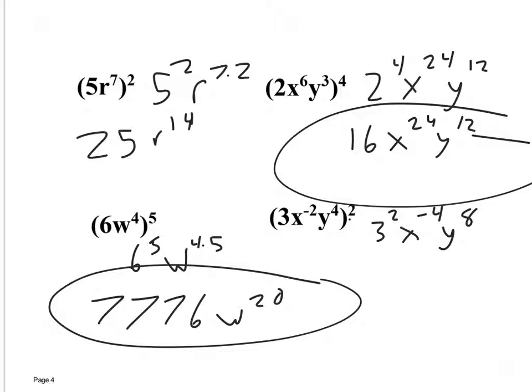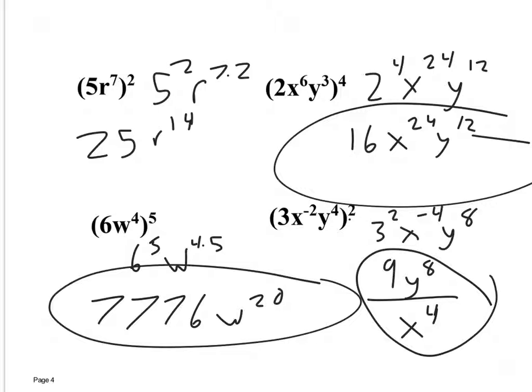I simplify. 3 squared is 9. I need to get x to the positive exponent, so I would flip it and put it on the bottom. What's left on top is y to the 8th. So there's my answer for the last one: 9y to the 8th over x to the 4th. Anyone have any questions on that?